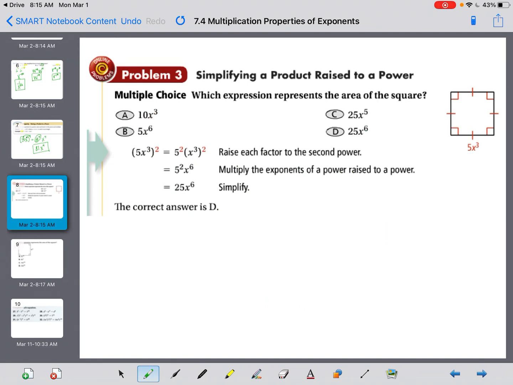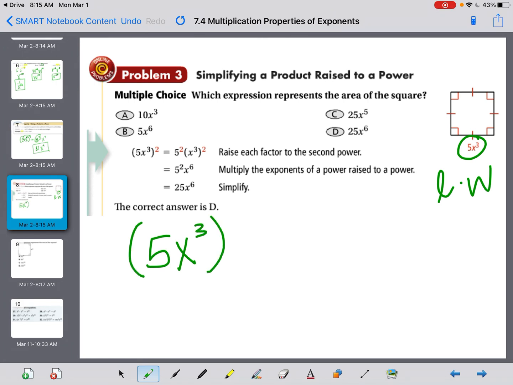Simplifying. These are all the things that we've done together, only used in an actual practical situation. They're asking us to find the area of the square, remembering that area is just length times width, or this side to the second power, since it's just times itself. So we have 5x to the third all to the second. Everything inside the parentheses gets to share this exponent on the outside.